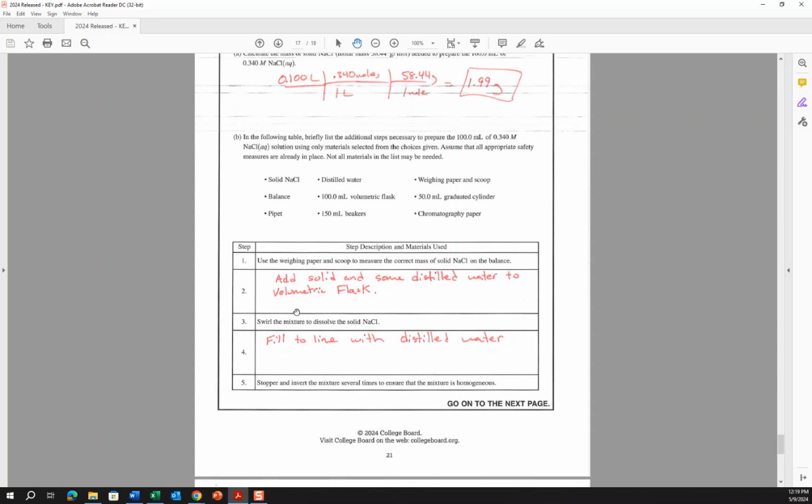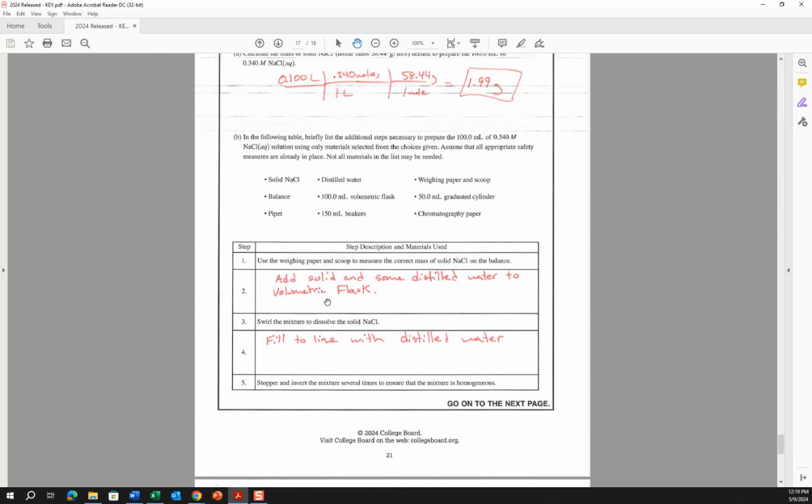So understand that should have been a clue that step 2 is add solid and some distilled water to the volumetric flask. Okay, so you can add some distilled water and then transfer the solid to the volumetric flask.